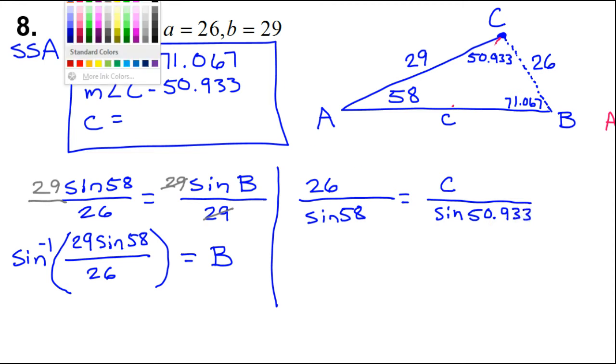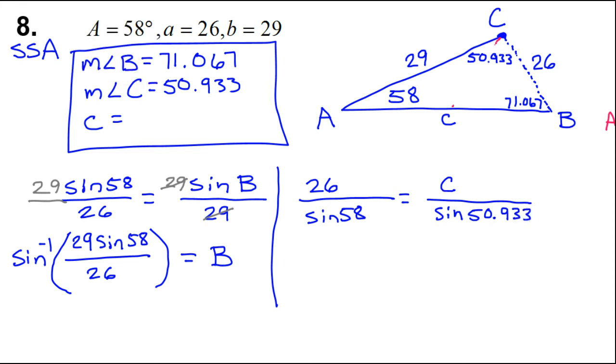Alright, that just saves me one step because now I don't have to cross multiply. So to get side C by itself, I just need to multiply by sine 50.933 on both sides.